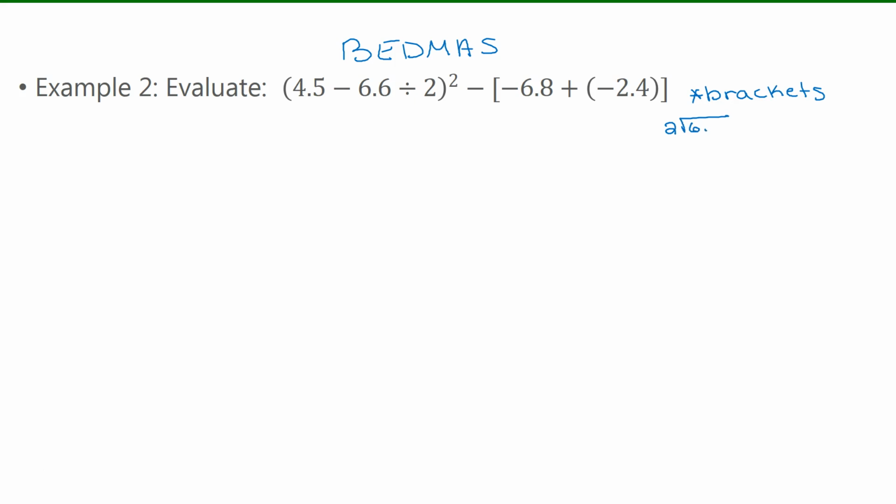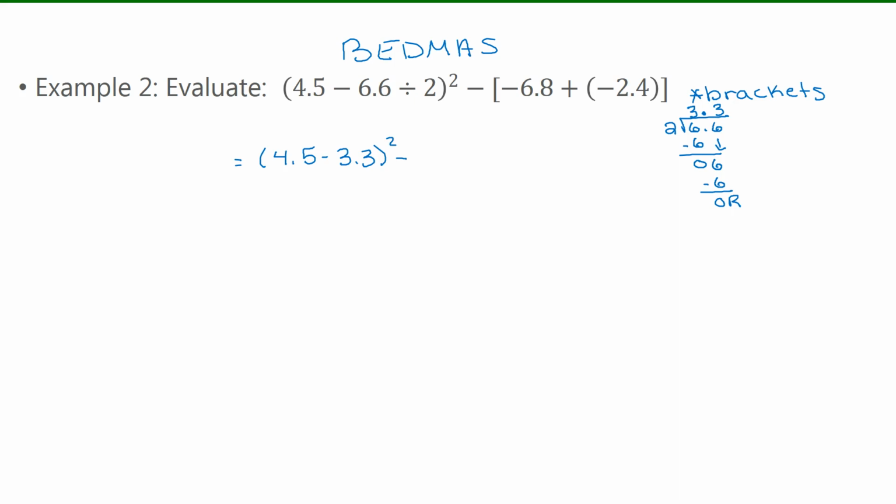Let's quickly divide 2 into 6.6. That would be 3. 2 into 6 is 3 again, making sure you place your decimal. So that gives us 4.5 take away 3.3 squared minus.